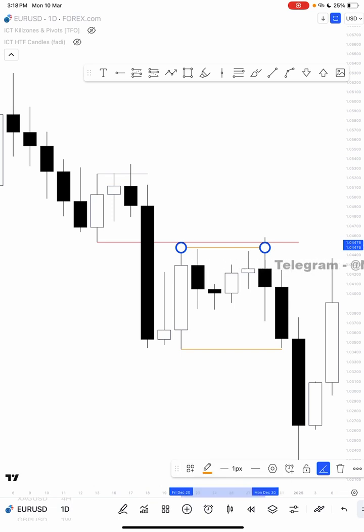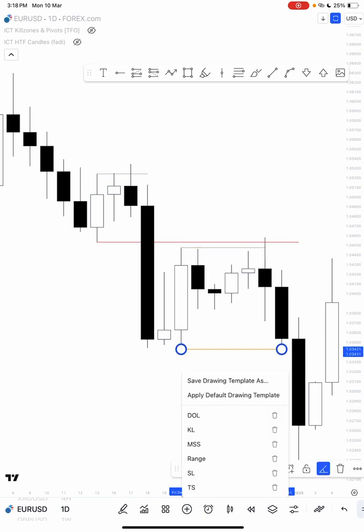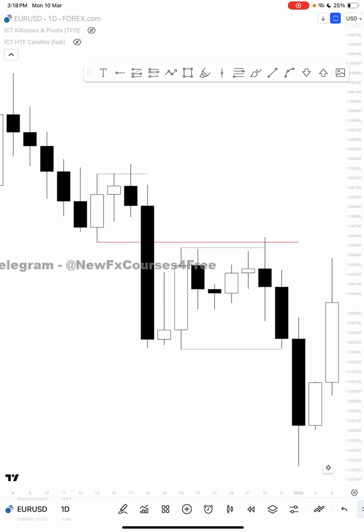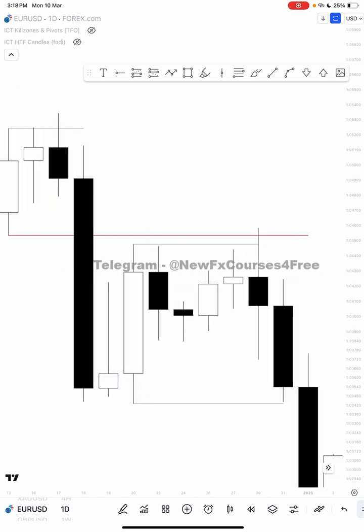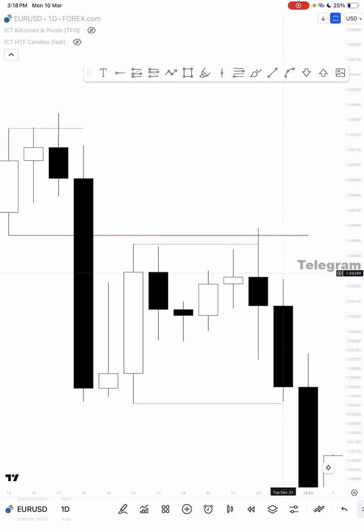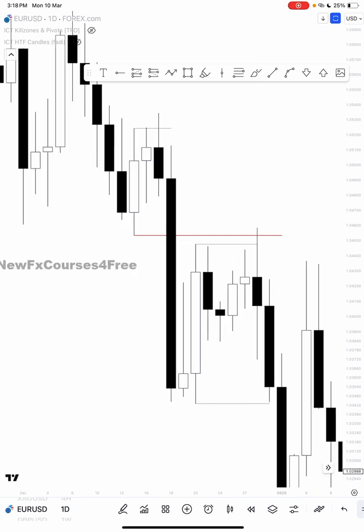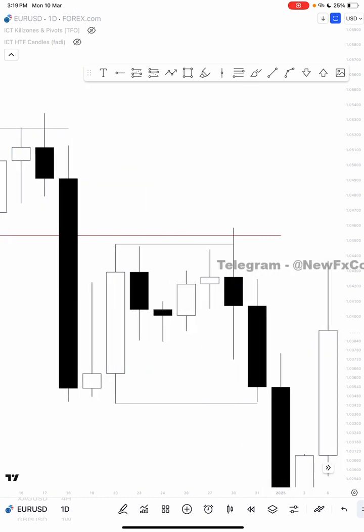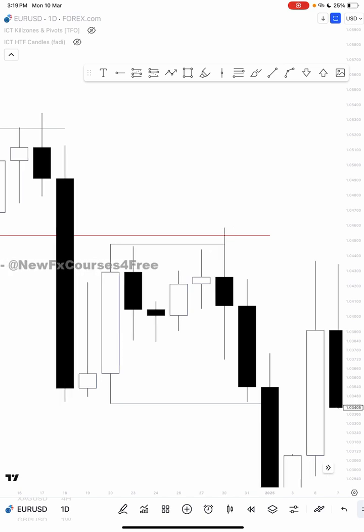So here, ranging profile equals your generation of interest. Don't enter at once, wait for it to pop above and hold high. So here, it takes one side of the range, taps on our key level, shows a rejection and closes back into the range. Your target will be your range low, the opposite side of the range.